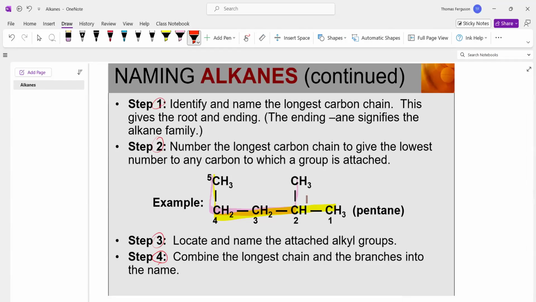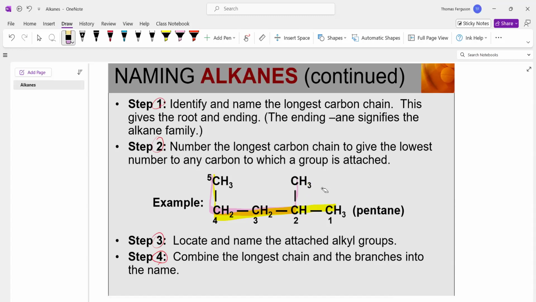We can go like that. So which is the longest backbone? The pink one? There are two longest ones, pink and yellow. The red, pink one's only 3 carbons long. So let's get rid of it.